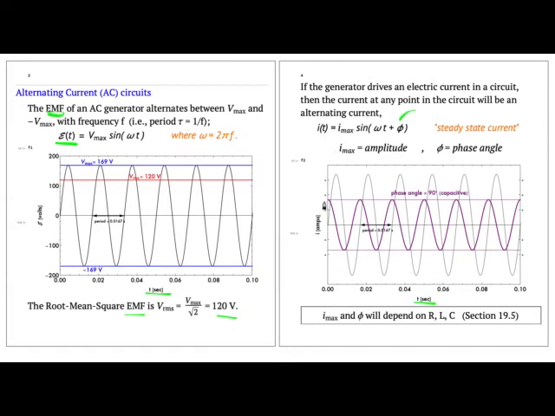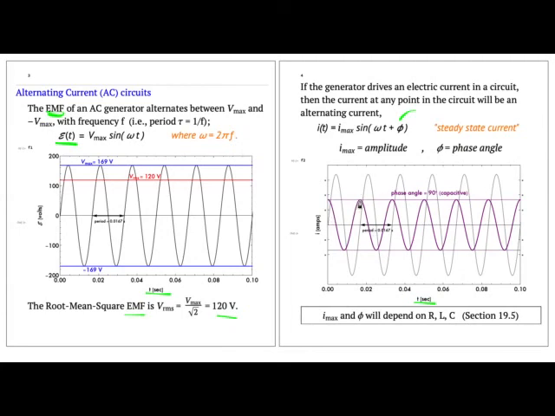And you see it has the same number of oscillations, or the same period of oscillation. You could measure the period of oscillation from the crest of the wave to the next crest of the wave. Again, that's 1/60th of a second.